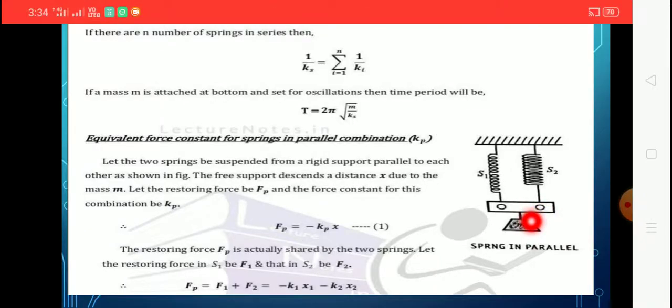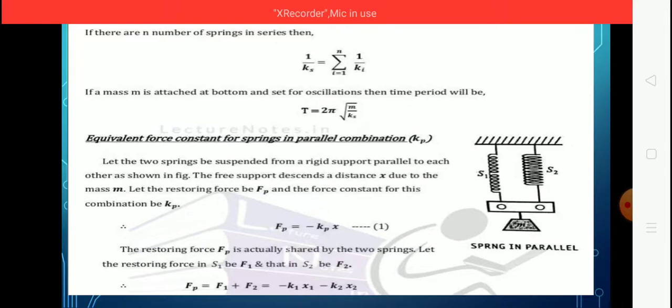The free ends are displaced by a distance x due to mass m. Let the restoring force acting on the support be Fp, that is given by minus Kp into x. The restoring force Fp is shared by the two springs, F1 and F2. Fp is equal to F1 plus F2.